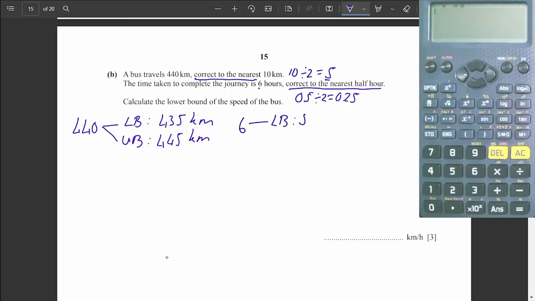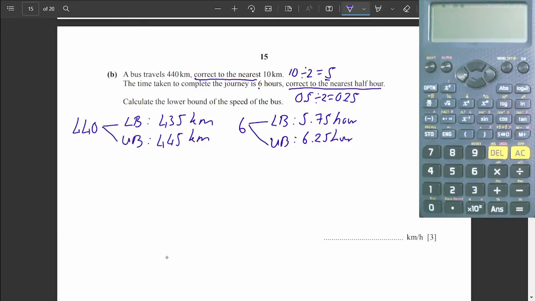That will give us 5.75 of an hour, the shortest possible time. 5 hours, 3/4. 5 hours, 45 minutes. Upper bound, we add that quarter hour, so it's 6.25 hours. 6 hours, 15 minutes. So somewhere between those two bounds is the actual time.